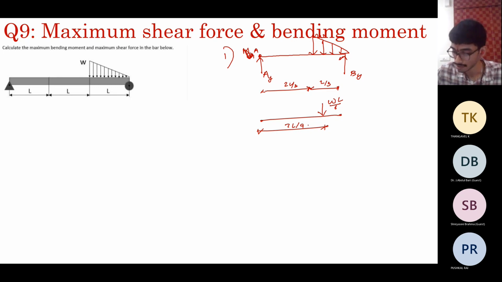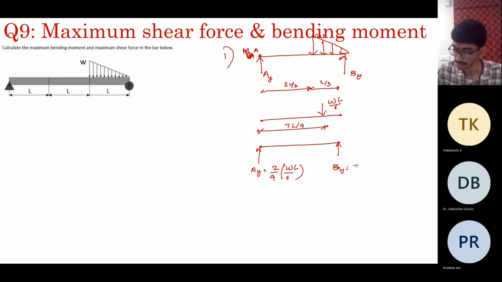By simple mathematics, you can determine that AY is equal to 2 by 9 of WL by 6, and BY is equal to 7 by 9 of WL by 6. So how does this come? Enforce moments about A equal to 0 and moments about B equal to 0.